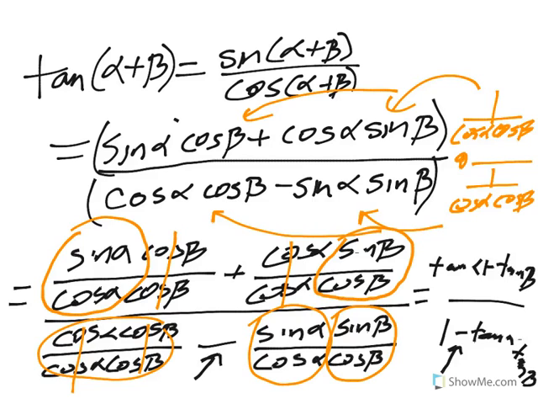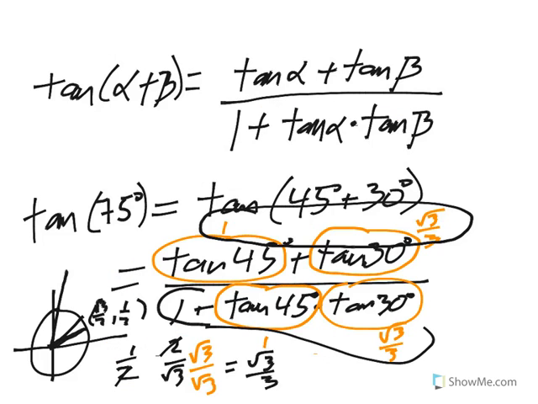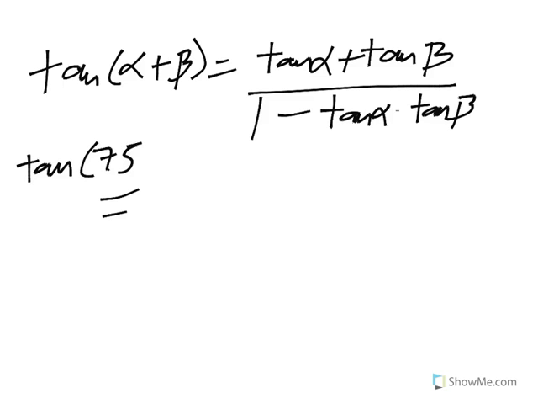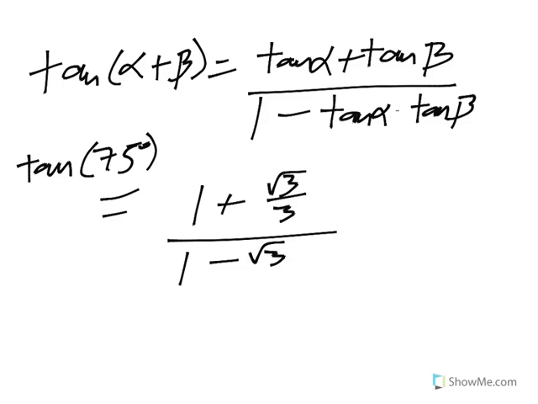For a 75 degree angle, which is over here someplace, no way is that slope 1. So I realized my mistake, got a negative in there, which makes, let's just rewrite it over here, tangent of the sum of two angles is tangent of the first plus tangent of the second over 1 minus tangent of the first times tangent of the second, which when I put in the 75 becomes 1 plus square root of 3 over 3 over 1 minus square root of 3 over 3.